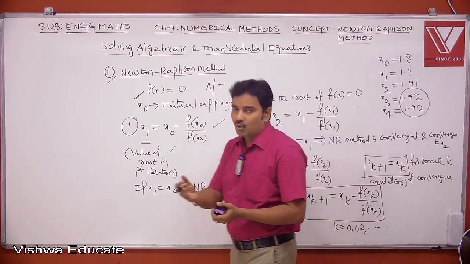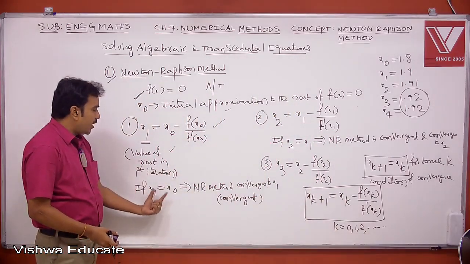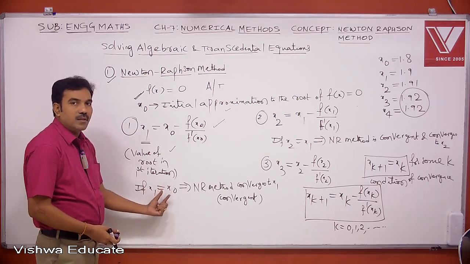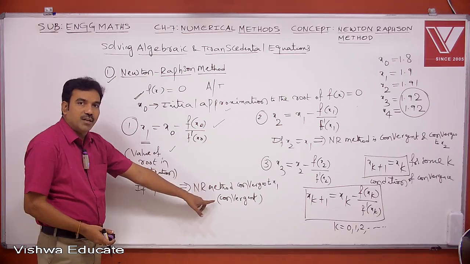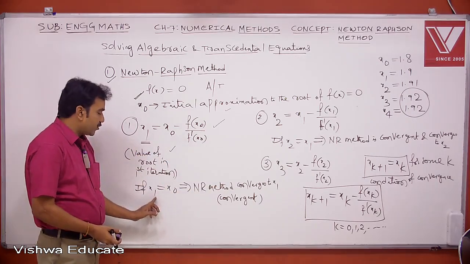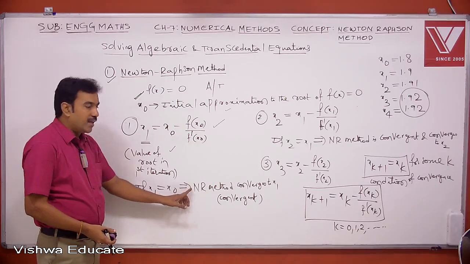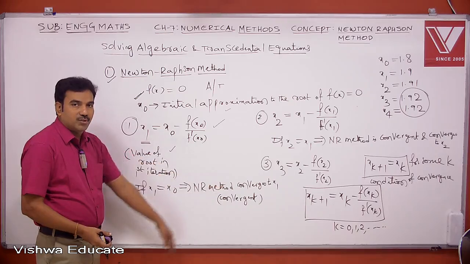Next, let us compare with the previous value. If x1 equal to x0, the NR method is convergent and converges to x1.